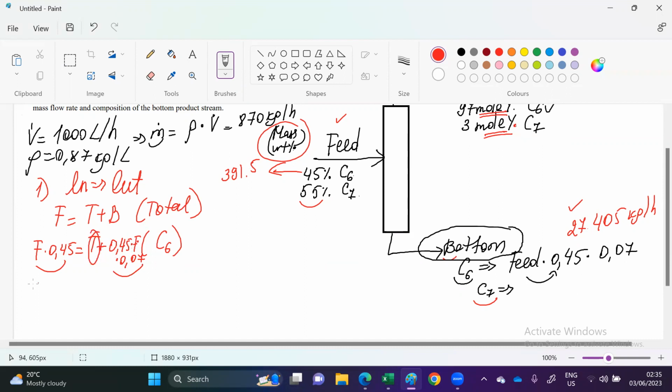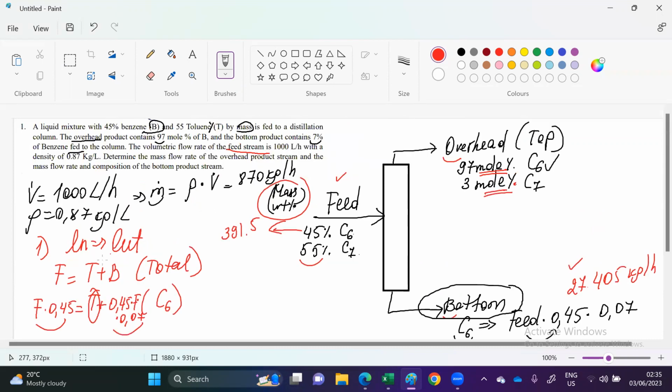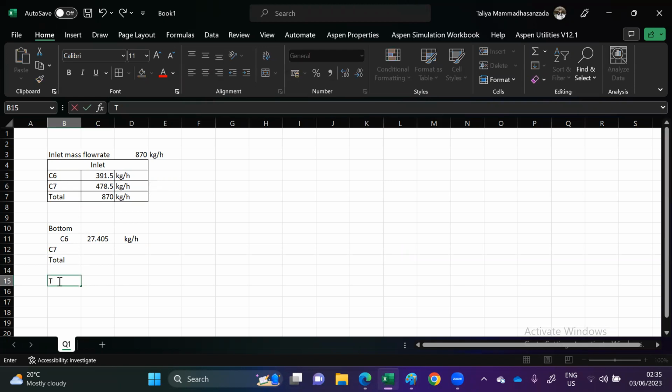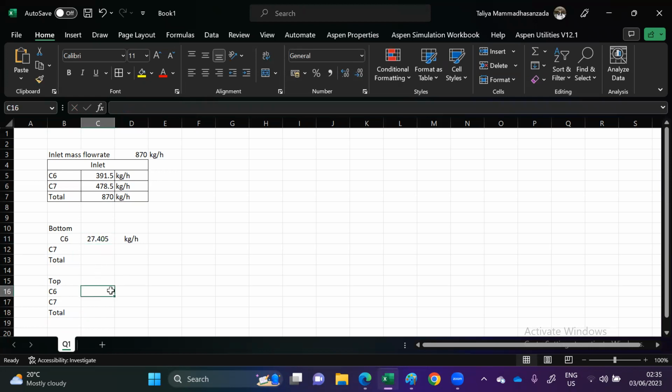How? Feed minus bottom will give me the top product. Let's write the top, again C6, C7, and total. It's equal to feed minus bottom, kilogram per hour. So we have completed our calculations for the benzene in the top and in the bottom as well.